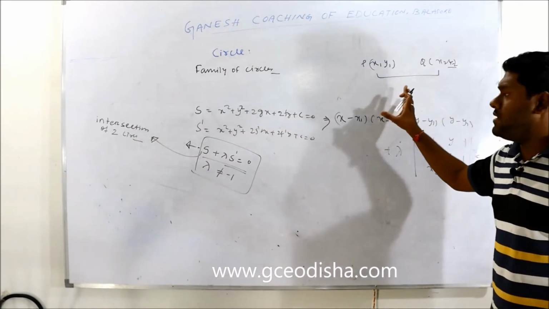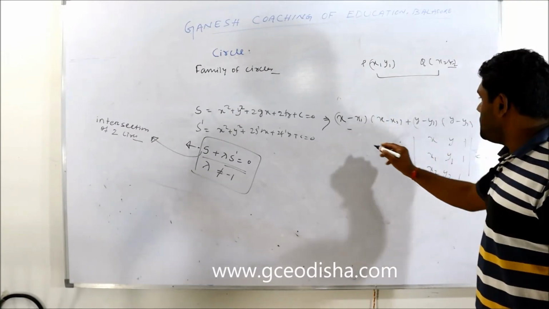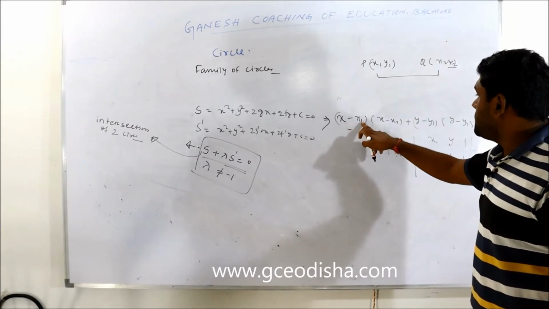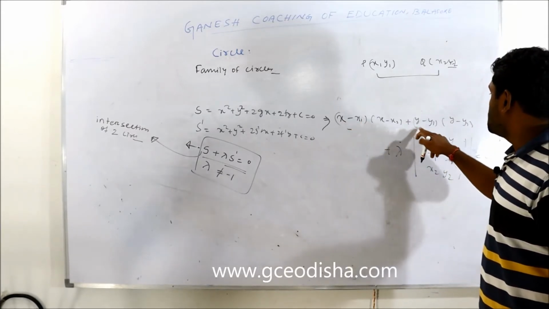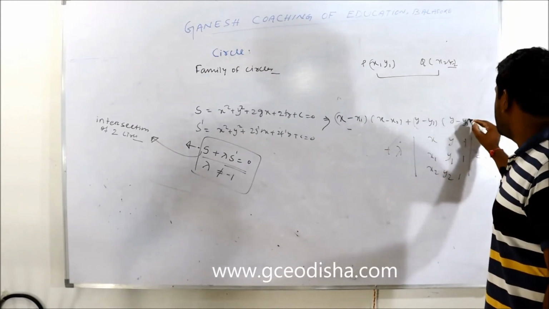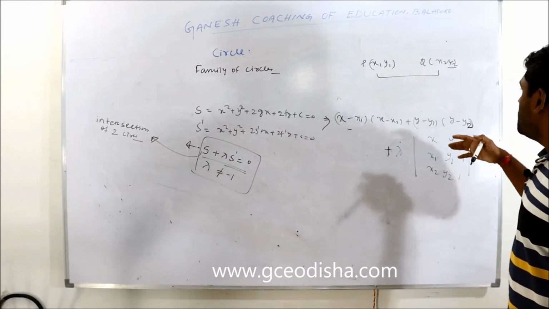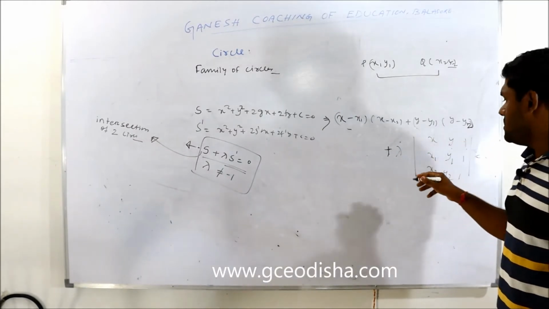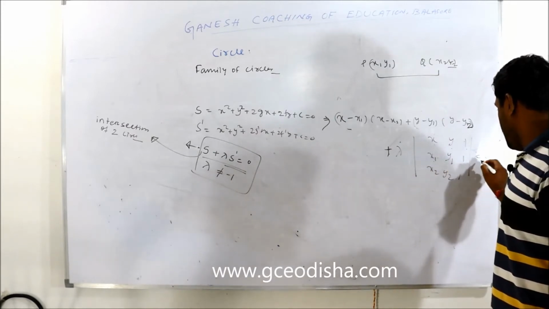When 2 points are given, then the family of circles is x minus x1 into x minus x2 plus y minus y1 into y minus y2 plus lambda into the determinant of x, y, 1; x1, y1, 1; and x2, y2, 1, equal to 0, where x and y are variables.